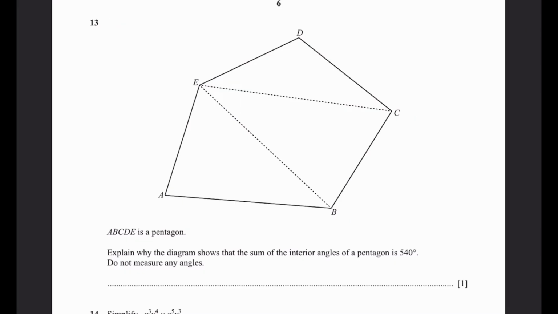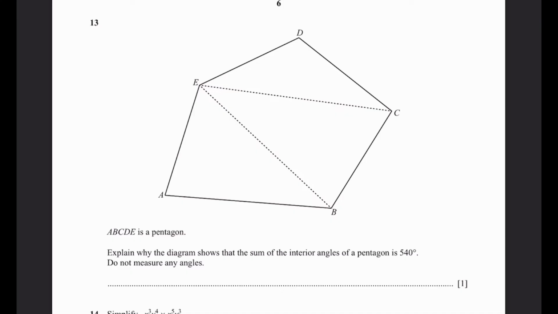Let's move to question 13. ABCDE is a pentagon. Explain why the diagram shows that the sum of the interior angles of a pentagon is 540 degrees. Do not measure any angles. First of all, we need to notice that there are 2 dotted lines over here. Why have they actually made 2 extra lines in this pentagon?